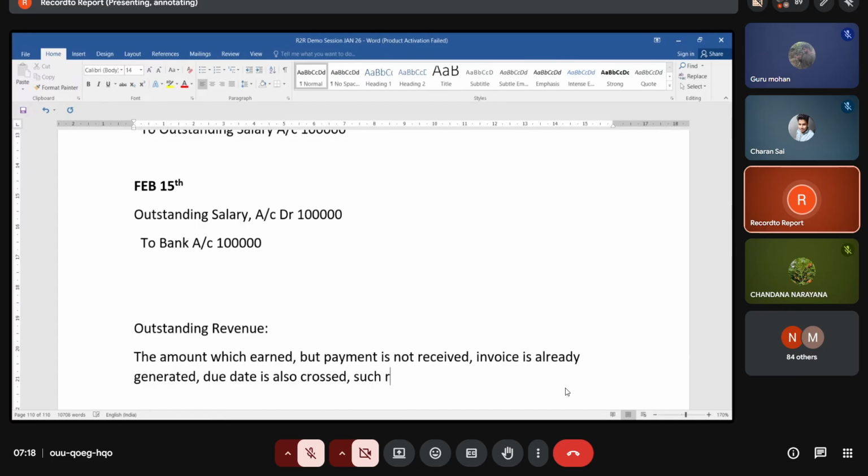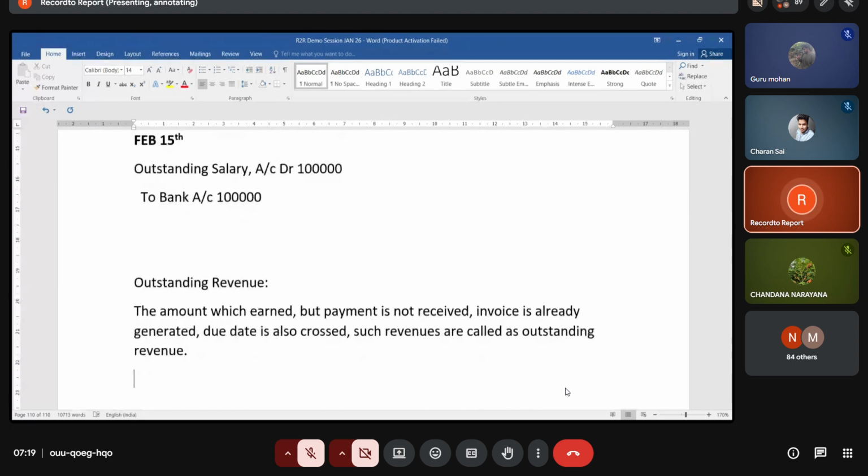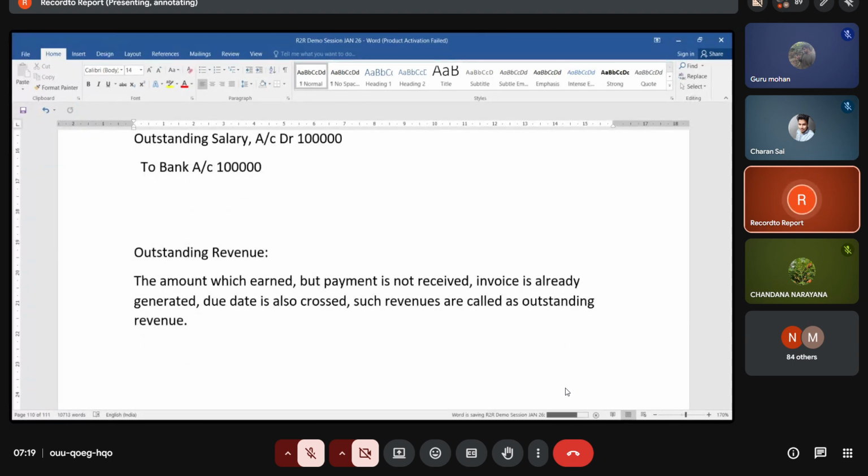Such revenues are called outstanding revenue.